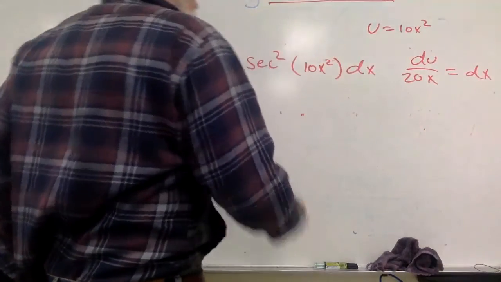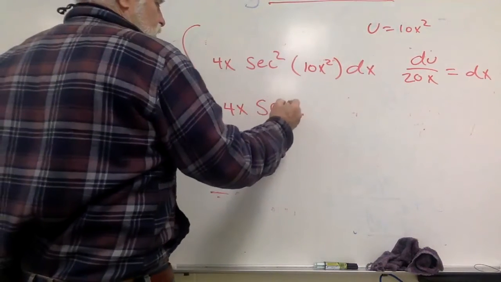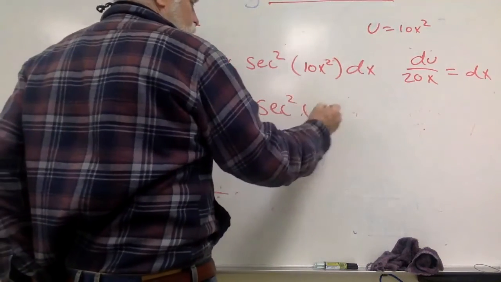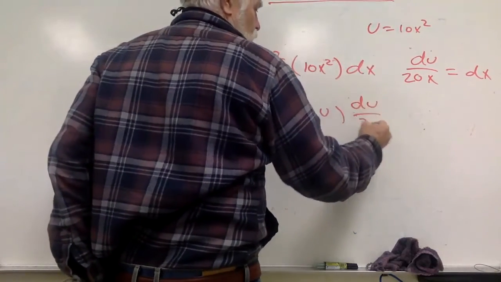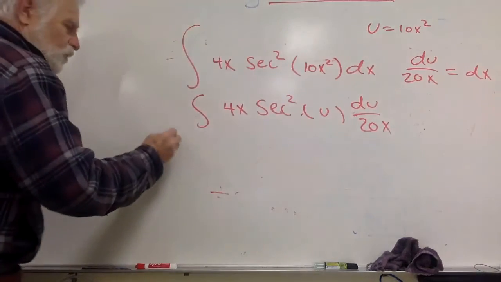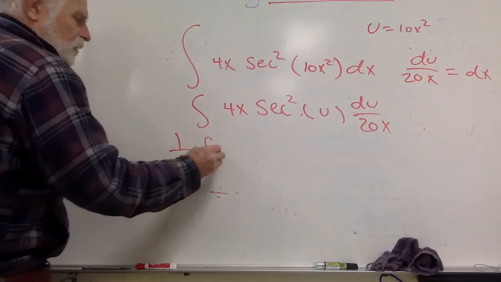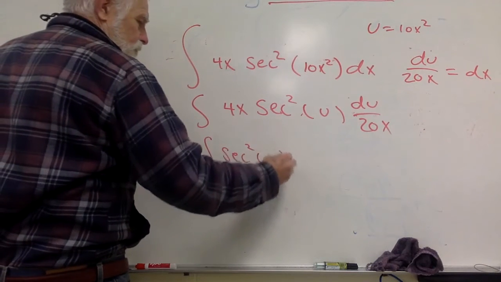I skipped a step. I've got my substitutions now. I got 4x secant squared of u du over 20x. 4x divided by 20x is 1/5. The integral of secant squared u du.